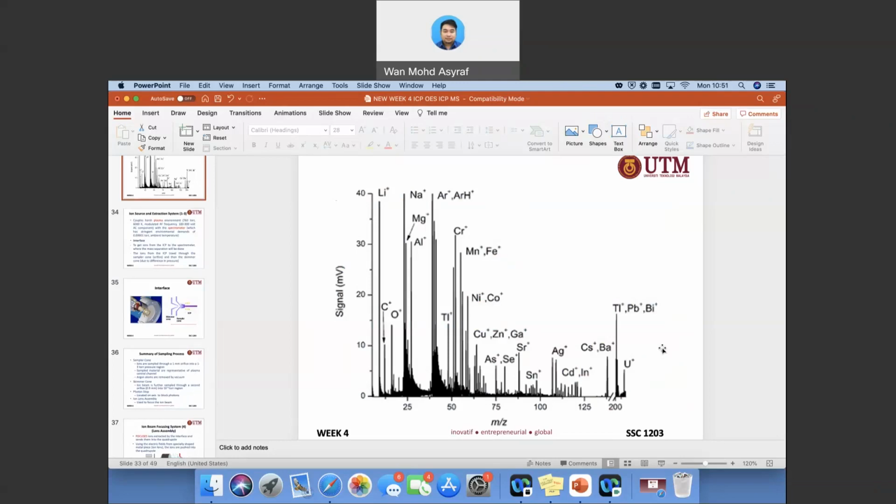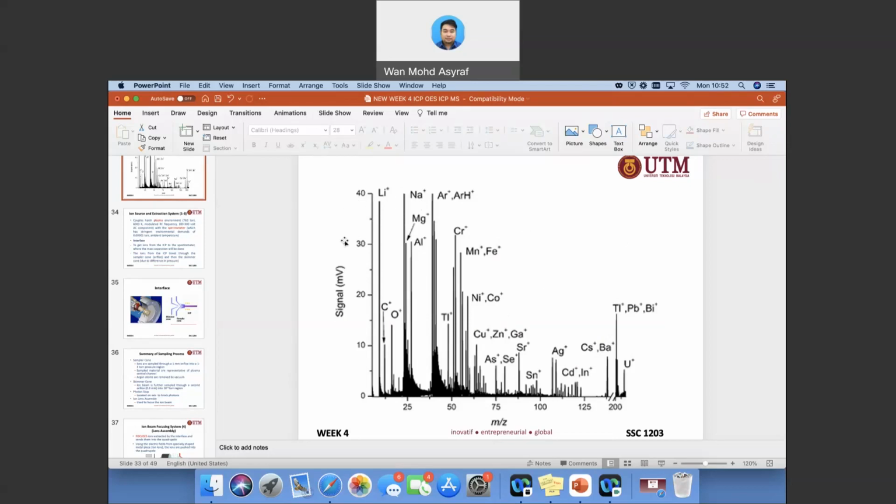So now the function of the quadrupole is to permit only one ion at a time. There are a lot of ions at the door of the quadrupole, but only one detection at a time.